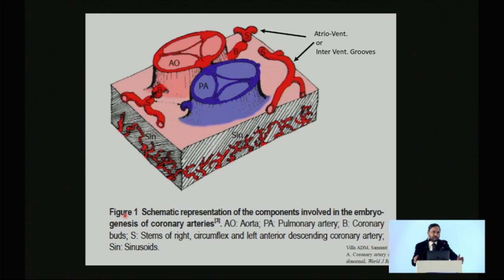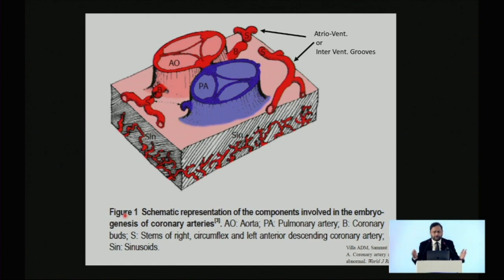These stems essentially develop in the interventricular or the atrioventricular groove, and they fuse with the sinusoids which form the microcirculation. The stems themselves then fuse with two buds, one on the left side and one on the right side, developing from the right posterior and the left posterior quadrant of the bulbus cordis, even before there is a division of aorta and pulmonary artery.